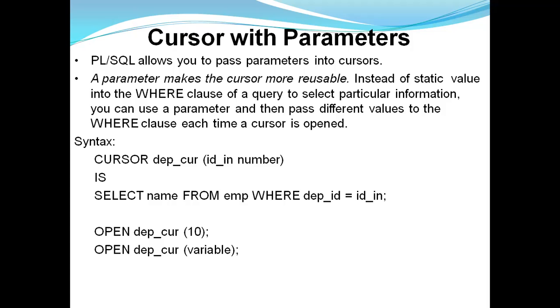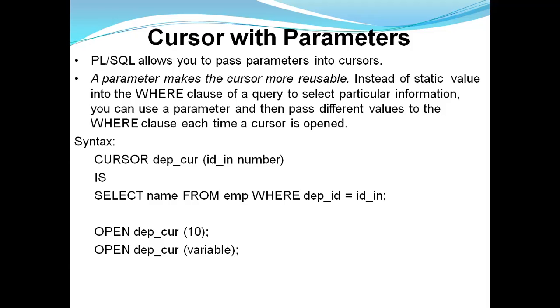So simply, let's have a recap about the cursor, because cursor is the most important part of writing a Pl-Sql block. Number one, cursor is required whenever a SQL statement becomes a part of a Pl-Sql block. Second, there are two types of cursors, implicit and explicit.